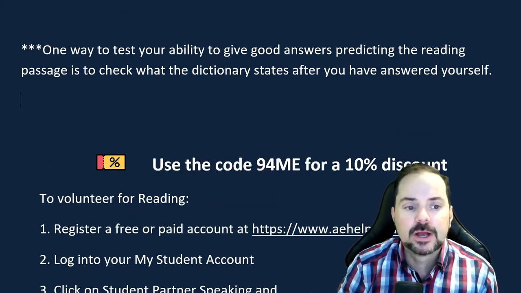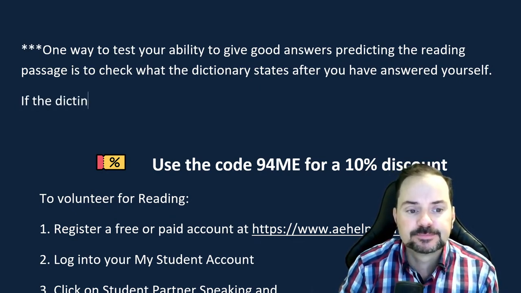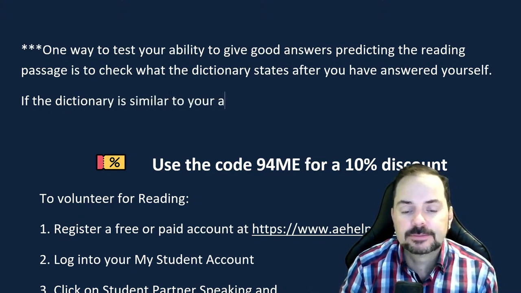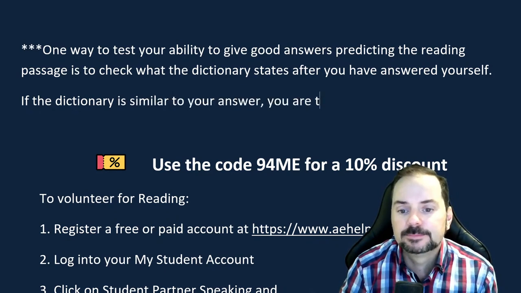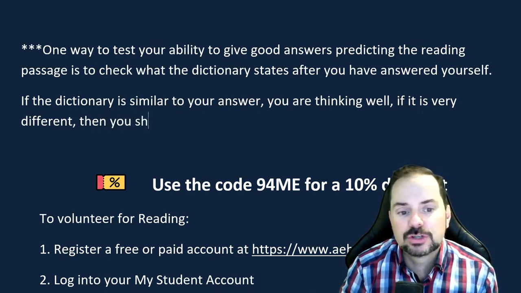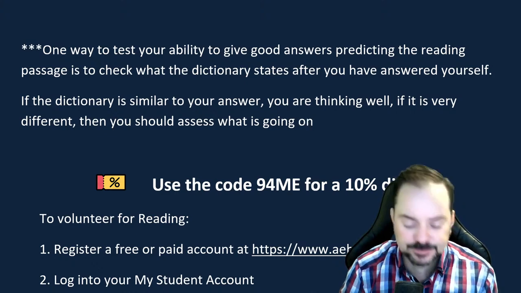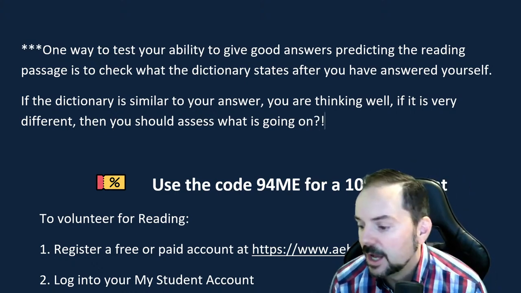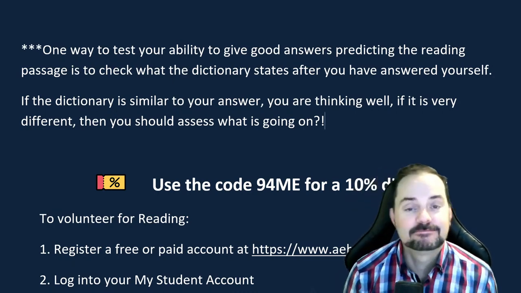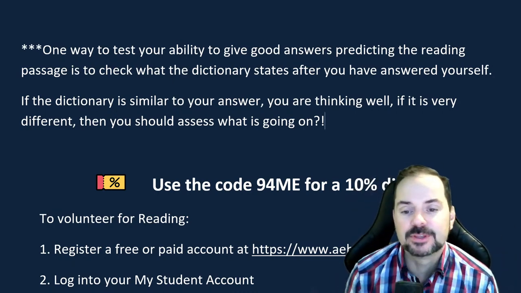So if the dictionary is similar to your answer, you're thinking well. If it is very different, then you should assess what is going on. Okay? Does that make sense? Okay, give me a thumbs up. Try that when you're doing these predictions.